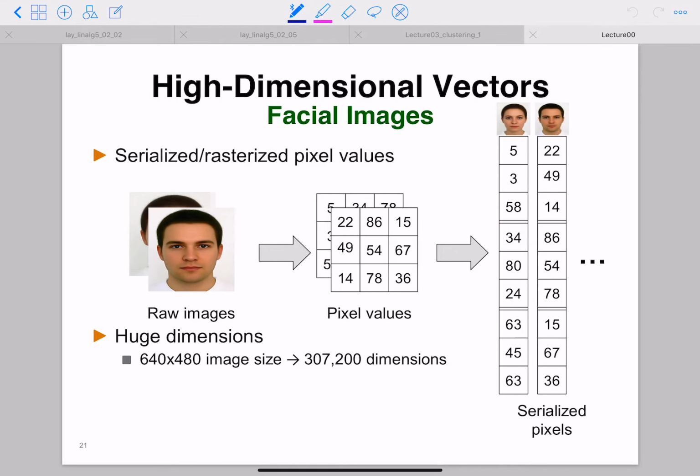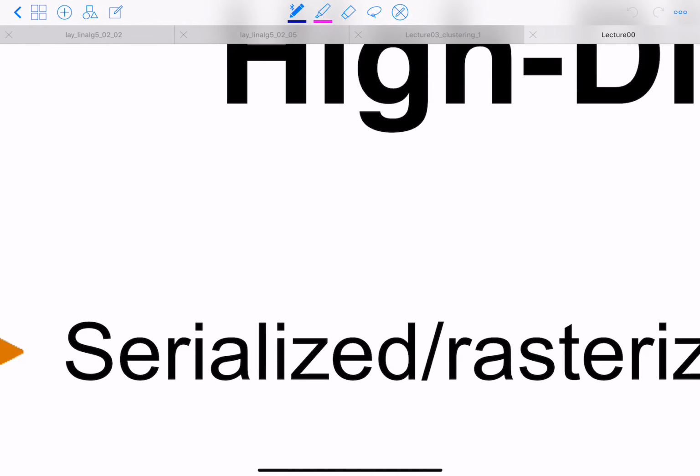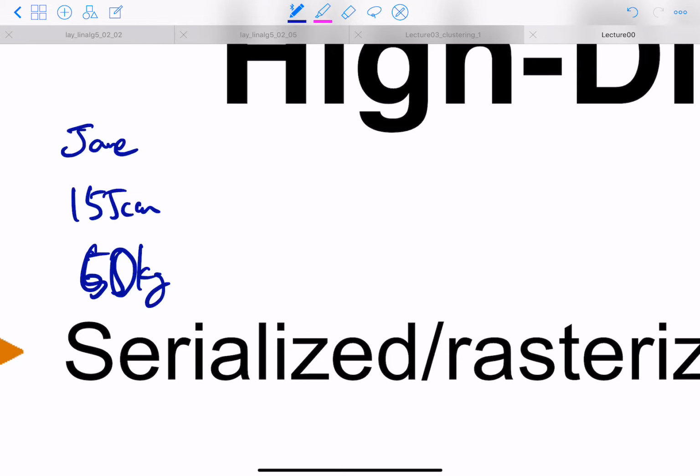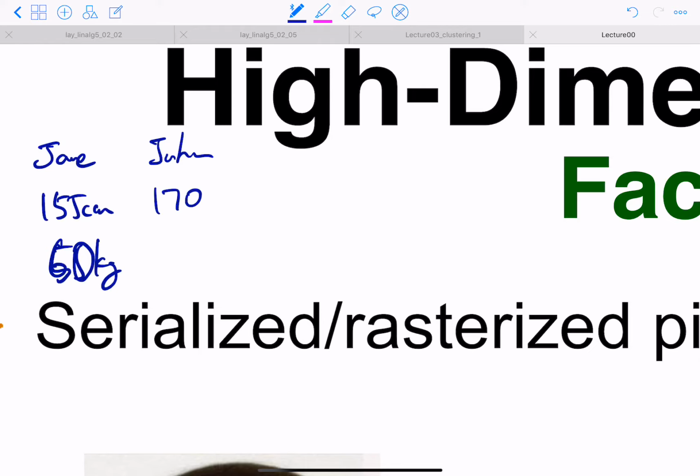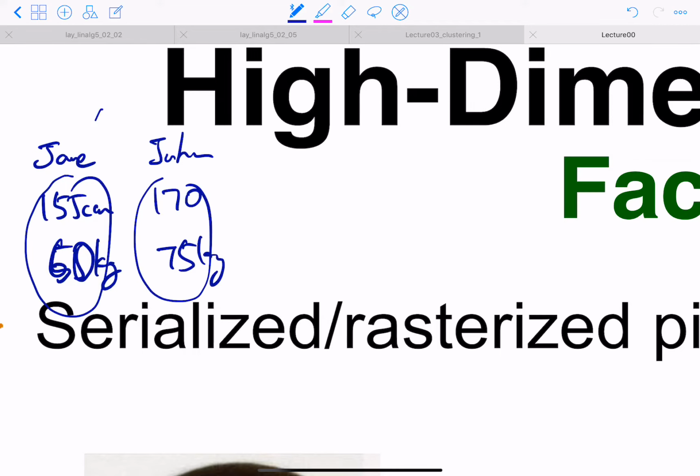This is basically the starting point of all machine learning and artificial intelligence tasks. For example, suppose you have a bunch of data collecting a person's height and weight. Maybe Jane is 155 tall and 50 kilograms. I'm not sure whether that's overweight or underweight. And maybe John is 170 and 75 kilograms, and so on. These are called feature vectors representing each data item.